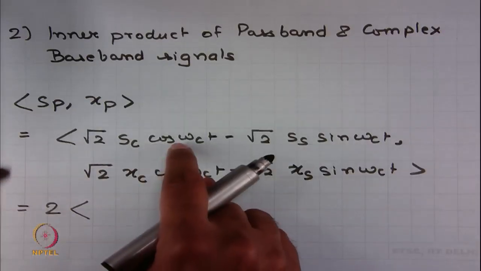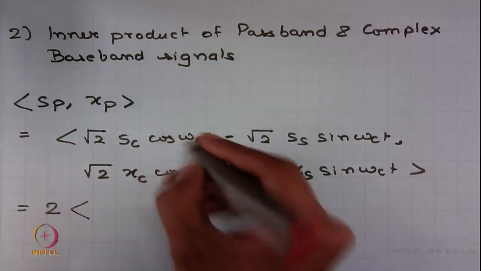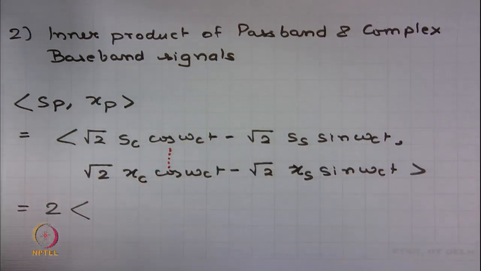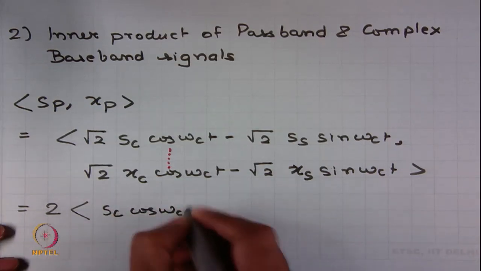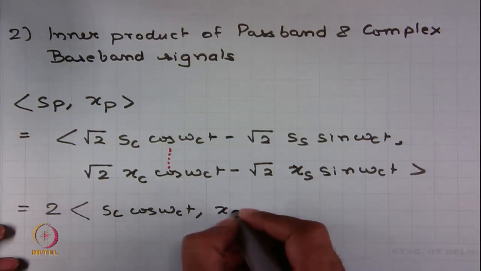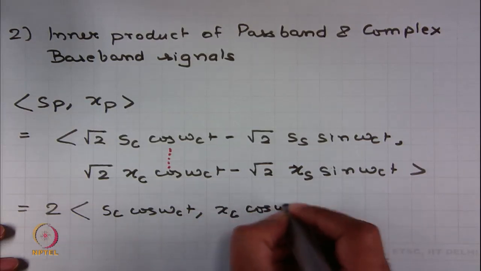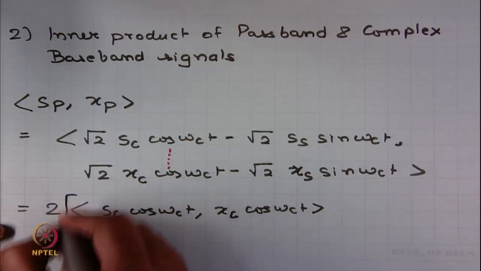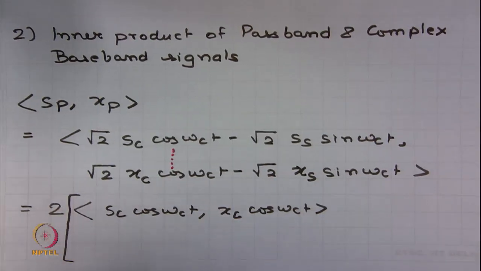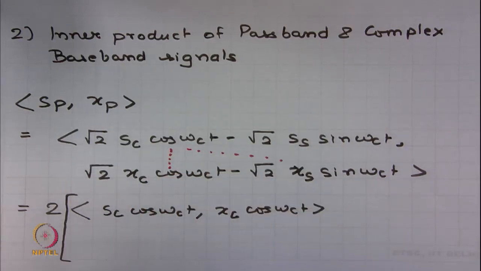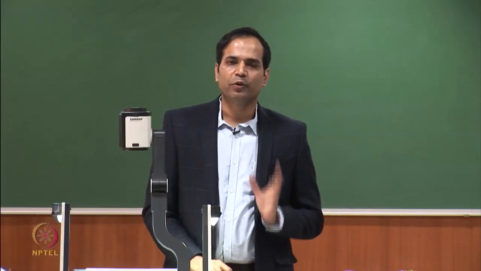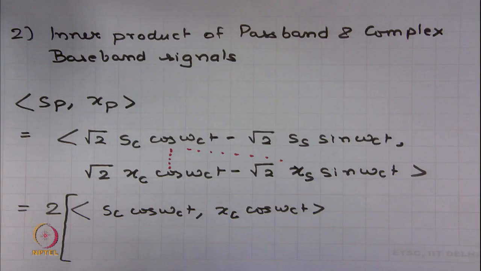So, first I take the inner product of this with this. So, I have S_c cos omega_c t, inner product with x_c cos omega_c t. Then I need to take the inner product of this with this, and this is 0 because I am taking the inner product of the I with the Q component, and we have already derived that I and Q components are orthogonal, and hence their inner product is 0, right.